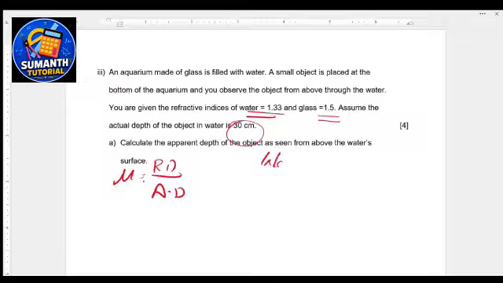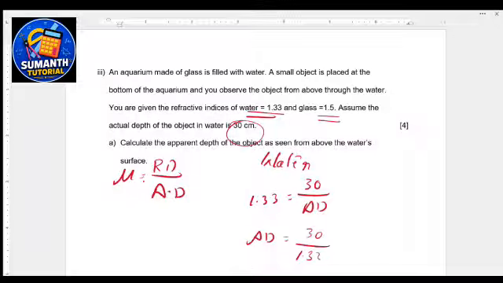Let me write. For the water, mu value is 1.33, which is equal to real depth 30 divided by the apparent depth we have to calculate, so the apparent depth will be equal to 30 divided by 1.33. How much will you get? That many centimeter. Very simple.